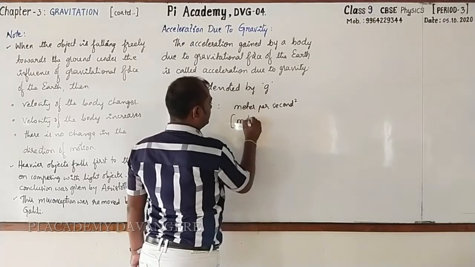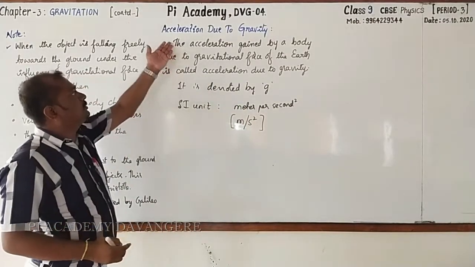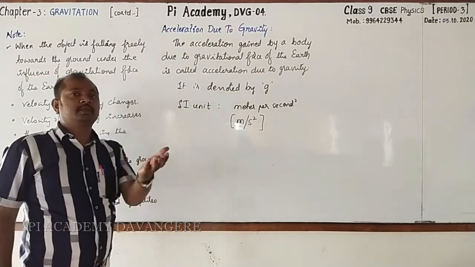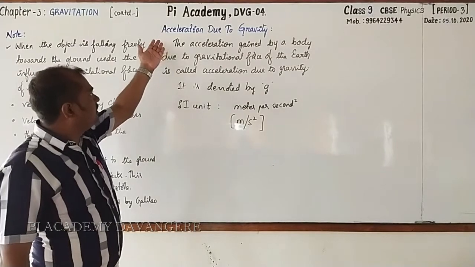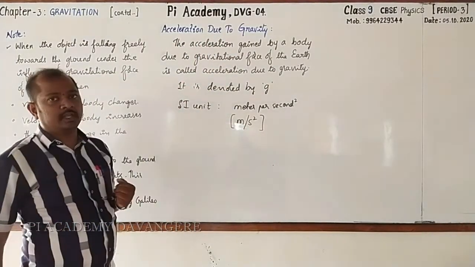Symbolically, it can be written as m/s², because it is nothing but acceleration. What is the SI unit of acceleration? It is meter per second square. That's why the SI unit of acceleration due to gravity is also the same.